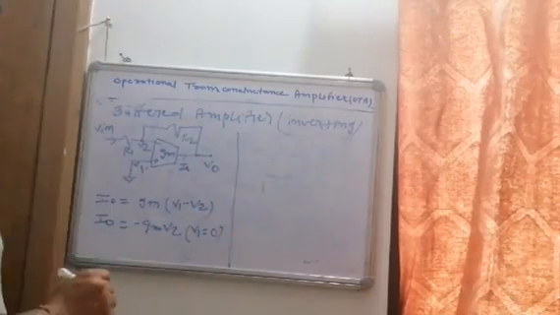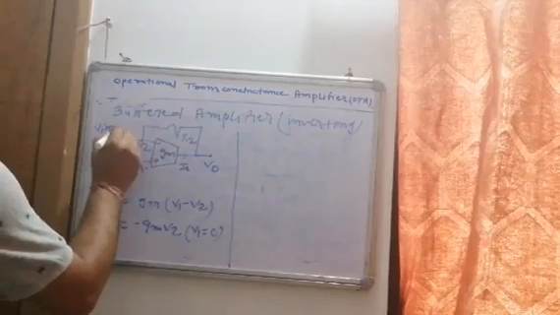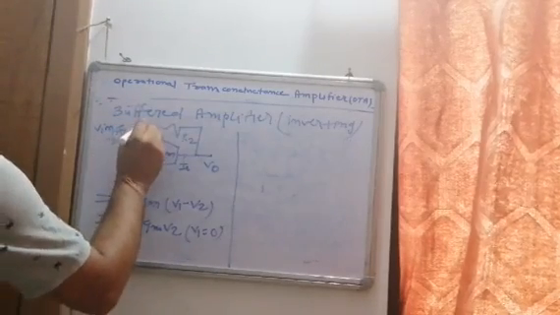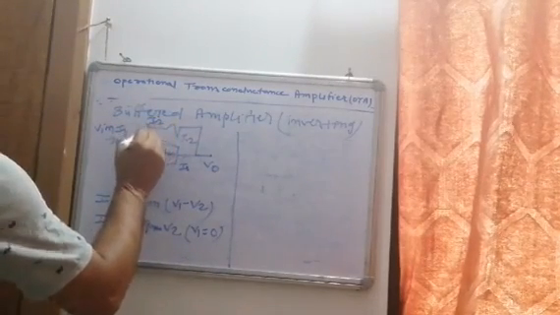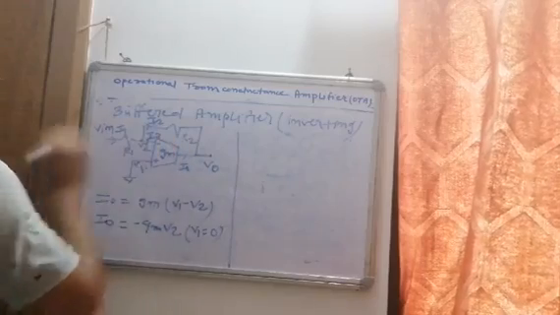Now apply KCL. We are assuming this is current I1, this is current I2, and this is current I3.